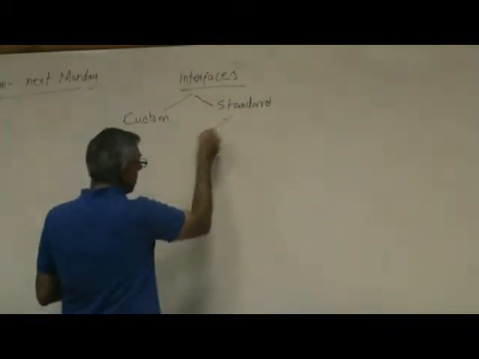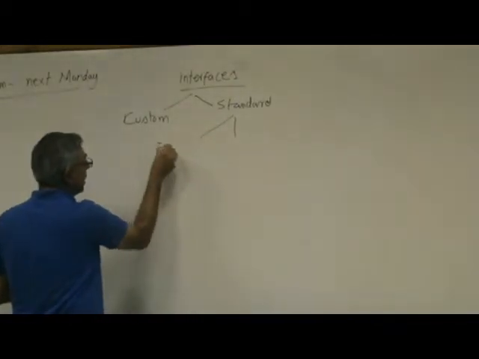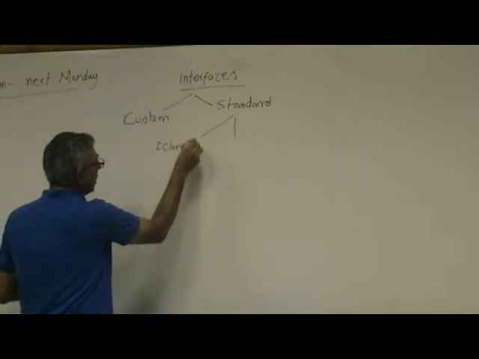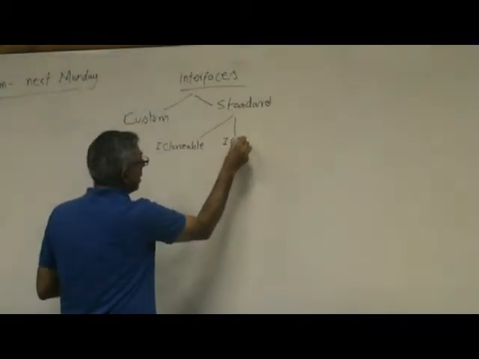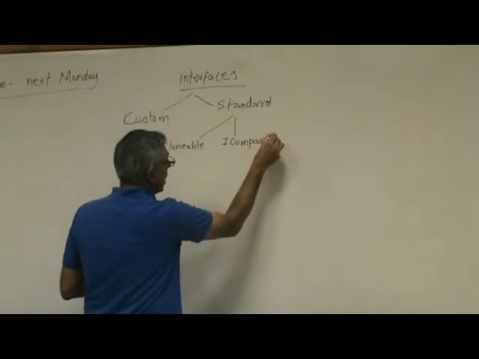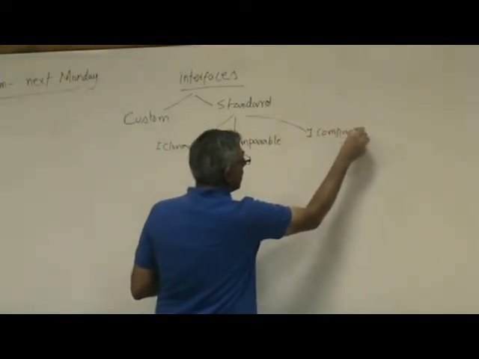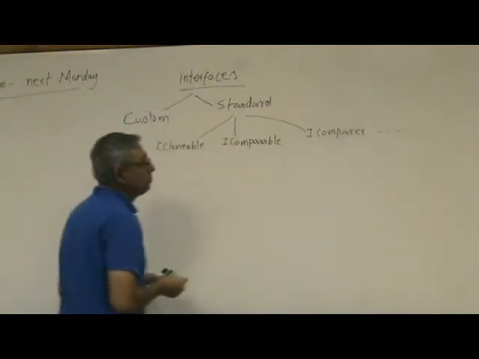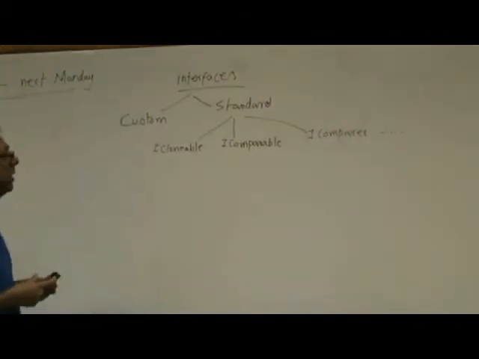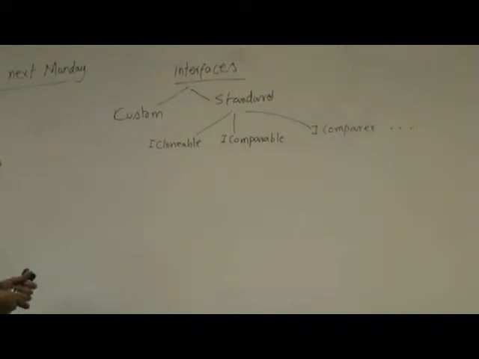So we were looking at some of these popular interfaces, such as IComparable, IComparer, and so on. IEqualityComparer, and there are many. So as a minimum, we should know 3-4 of these very nicely.